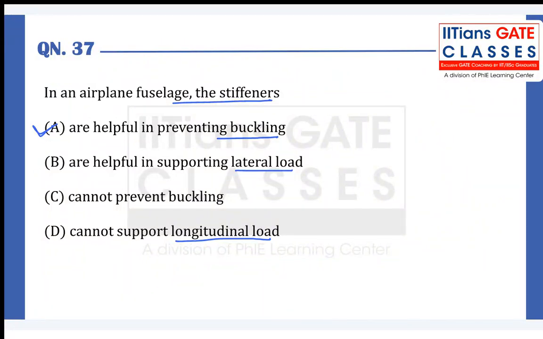So A is the most appropriate answer, but D cannot be correct, because stiffeners can support longitudinal loads. So A is the only correct answer. And lateral loads, the aerodynamic loads acting on the fuselage, are carried by the skin.